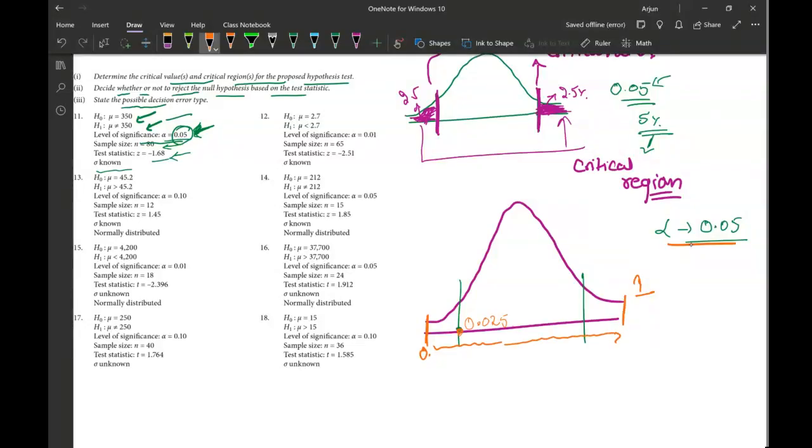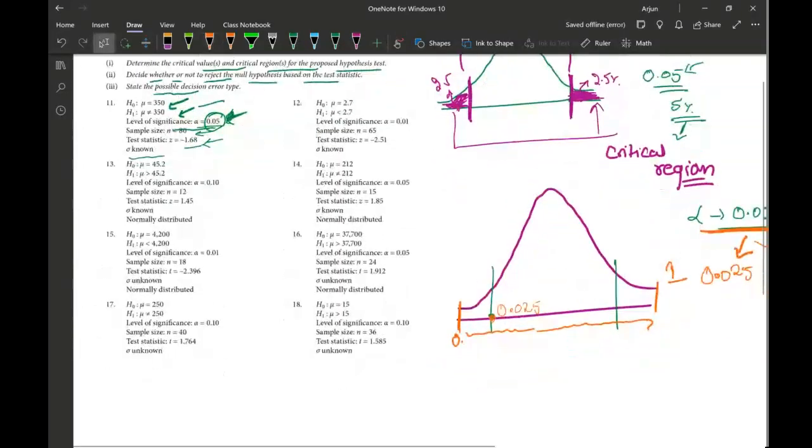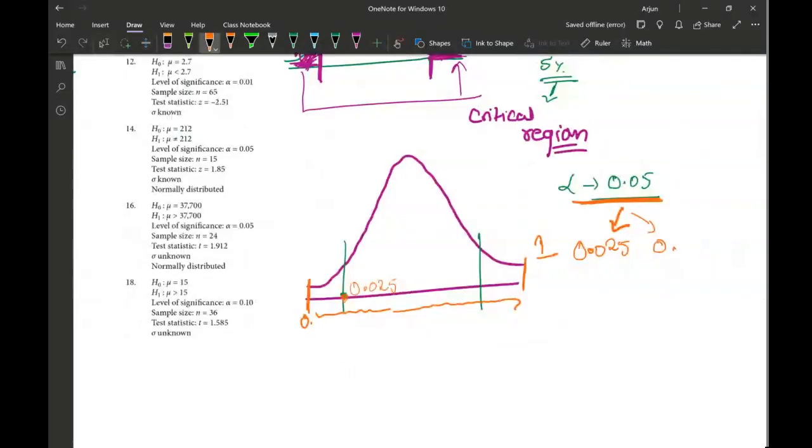We are dealing with alpha of 0.05, meaning 5% level of significance, which has to be divided into two sections. Half of that is 0.025, and the other half is also 0.025. I've divided this half over this section, so the probability starting from here up to this point is 0.025.